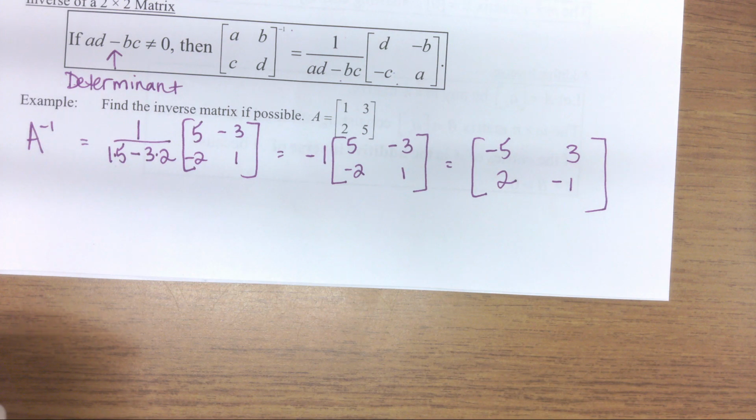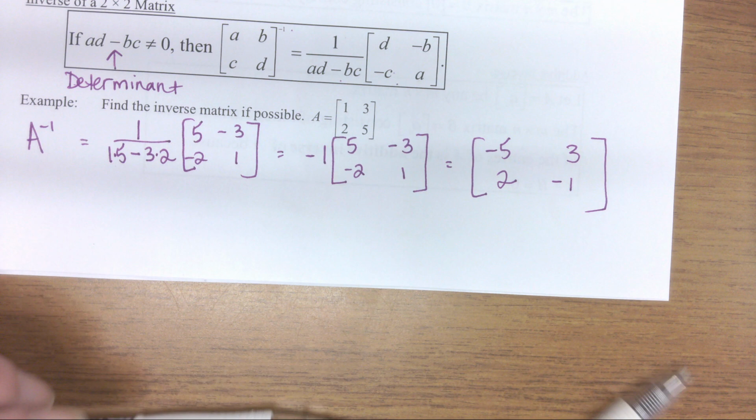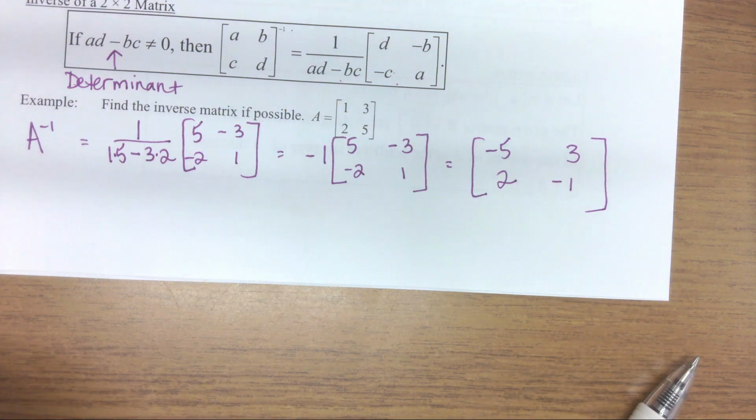Okay, let's go backwards. Think back to addition. If the number is 2, what's the inverse of 2 in addition? -2. What's 2 plus -2? The identity. Okay?